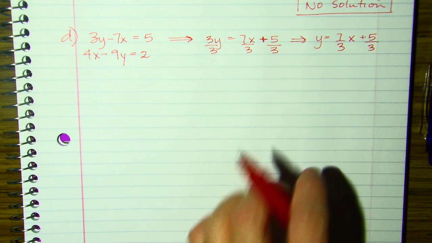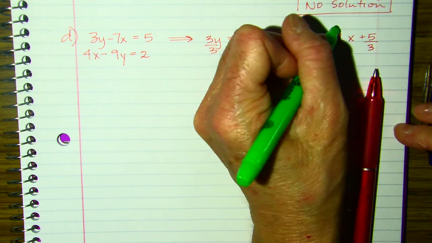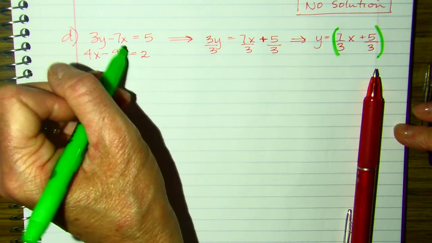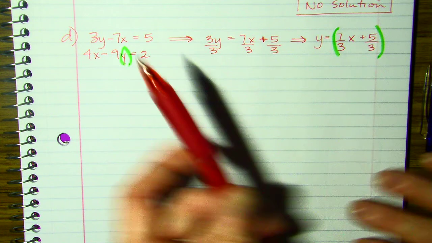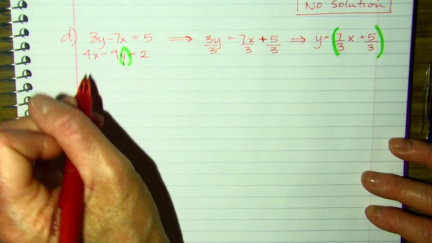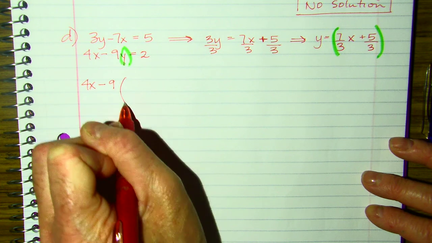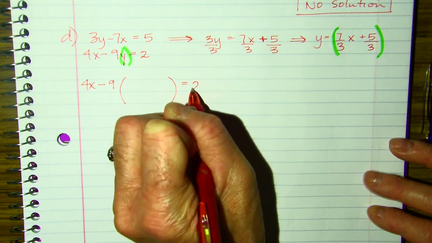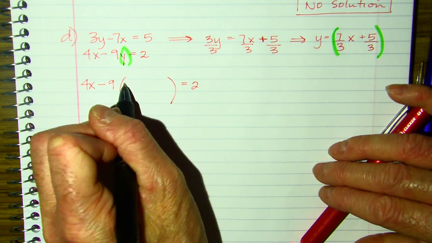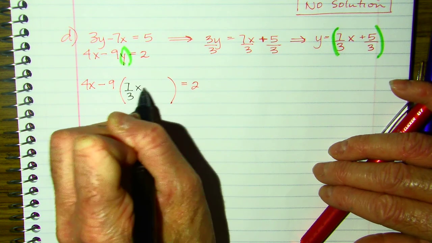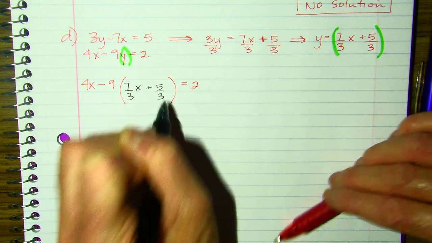Okay, so I'm going to substitute this into the other equation for y, and I'm not going to be a baby about fractions. Okay, we can do this. So 4x minus 9 times y equals 2, and I'm substituting in 7/3 x plus 5/3.